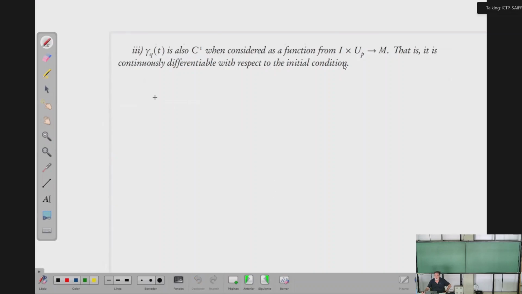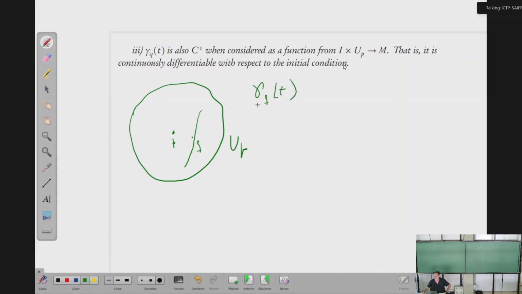The third point is very important. Again we have this point P, the neighborhood UP, and you know that for every Q here, we have a solution going through this point, and we call it gamma Q of T. So you can think of this as a function of UP cross I, because I is the same for all points.